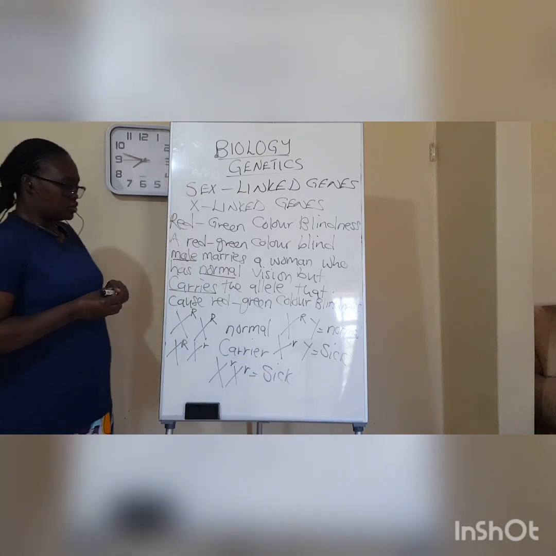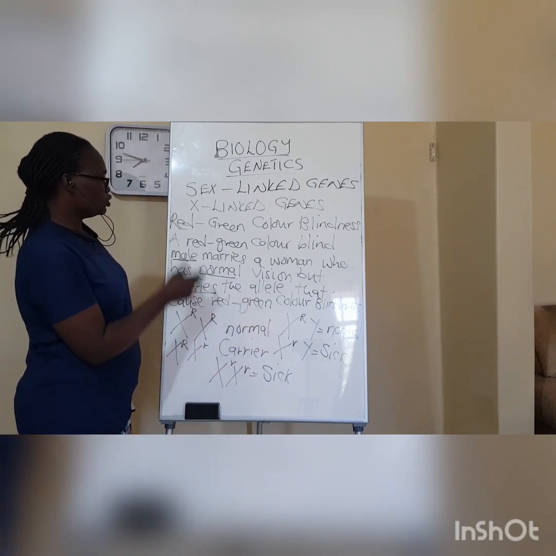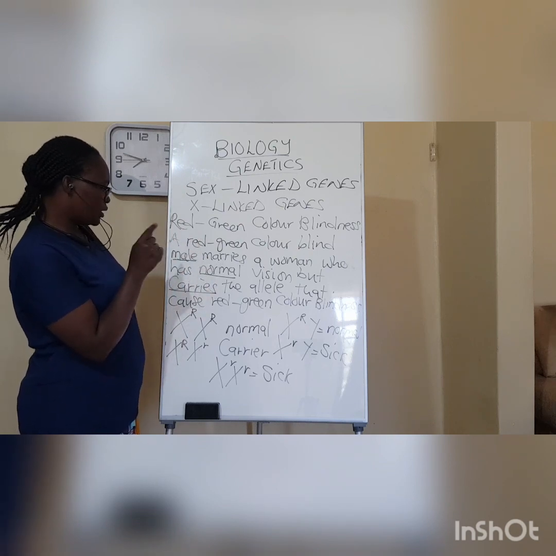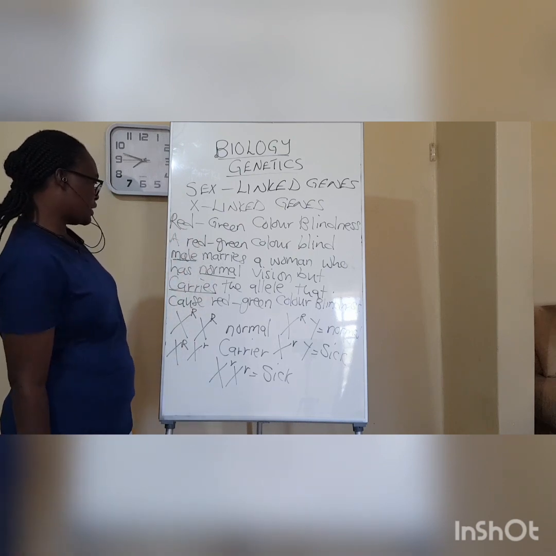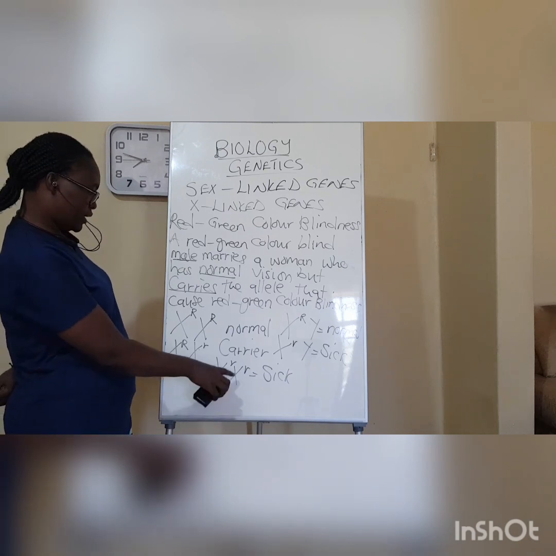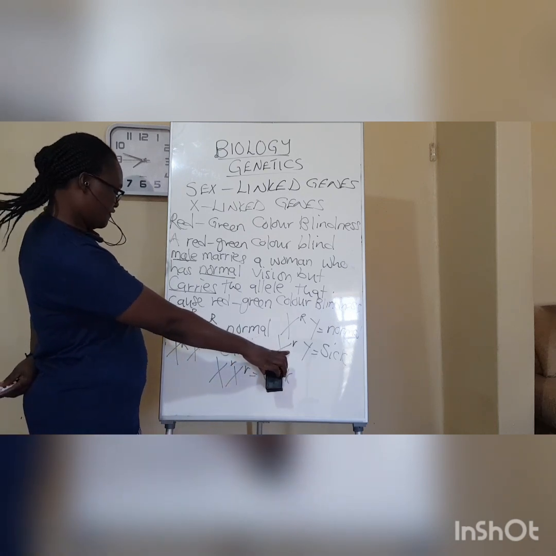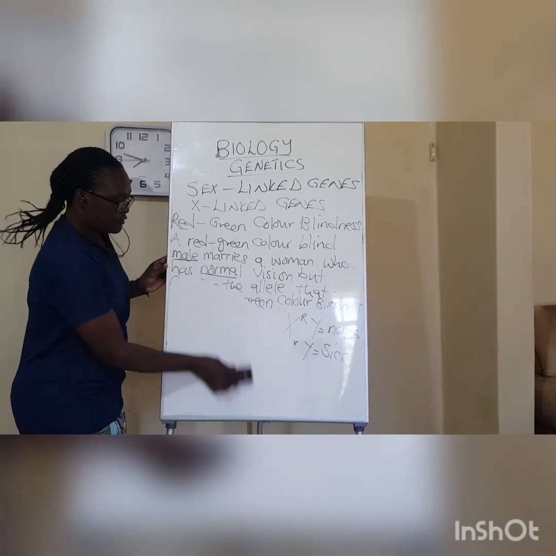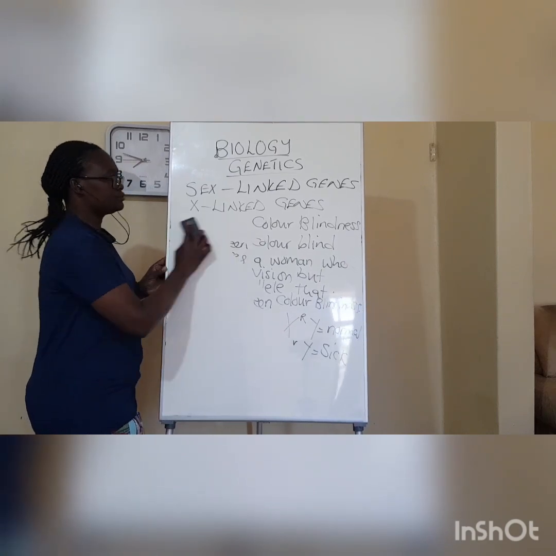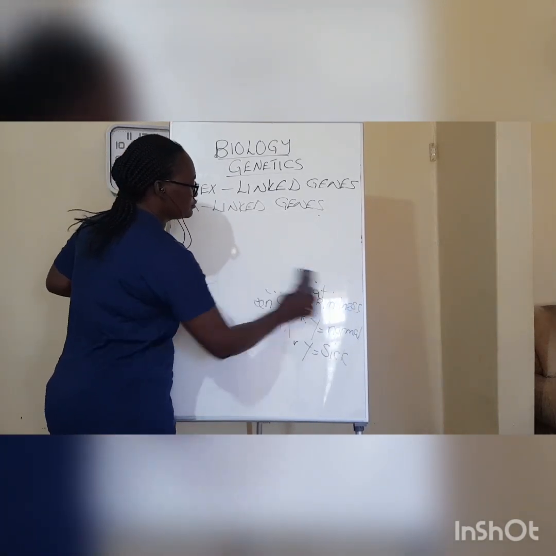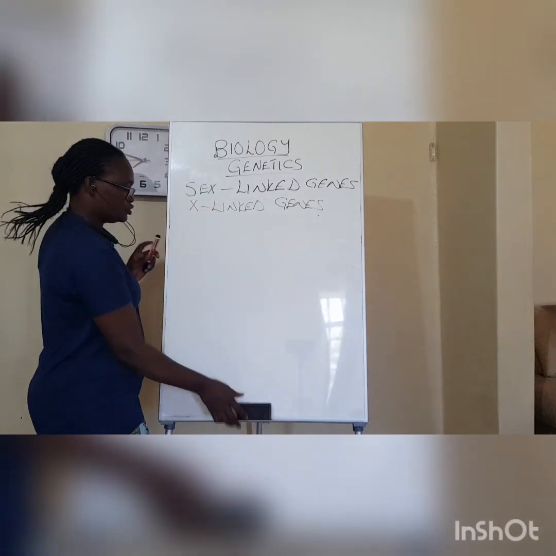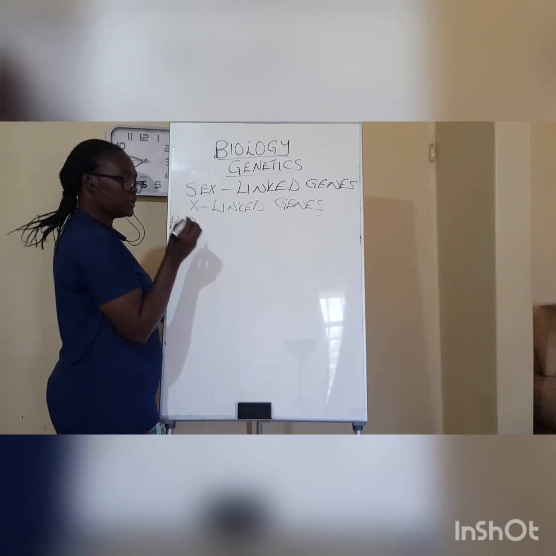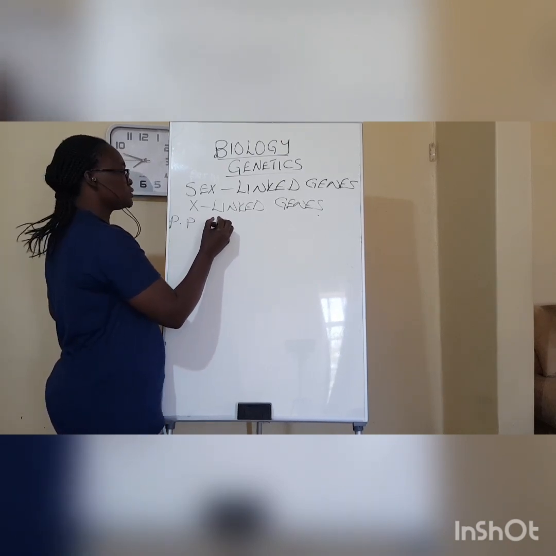Yeah. So this is what we'll need to use for this question. So they have said a red-green color blind male marries a woman who has normal vision but is a carrier. So the male is sick, so we are using this one. And the female is a carrier, we are using this one. That's what we're going to do for this question. So, parental phenotype, we have a male who is sick.